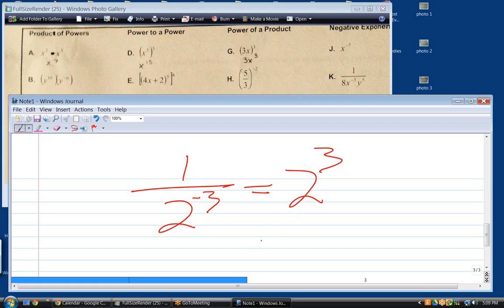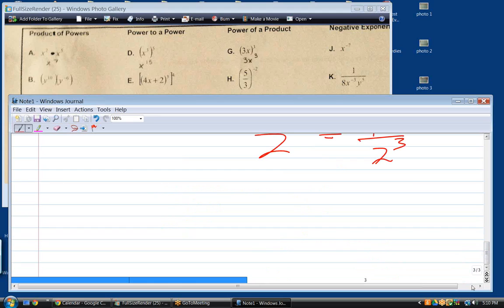In the same way that 2 to the negative 3 is the same as 1 over 2 to the positive 3. So whenever you see a negative exponent, you can just move the entire thing above the fraction bar and change it to a positive exponent. Okay, understand?